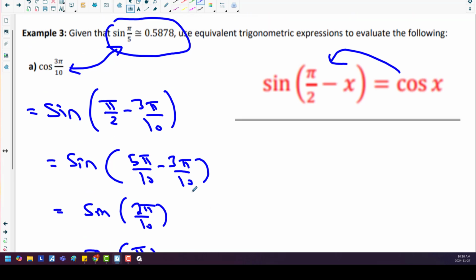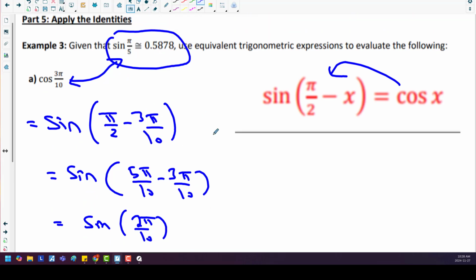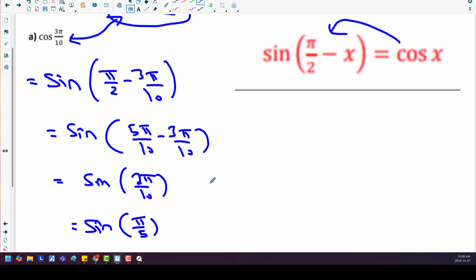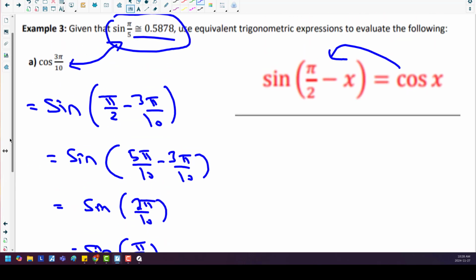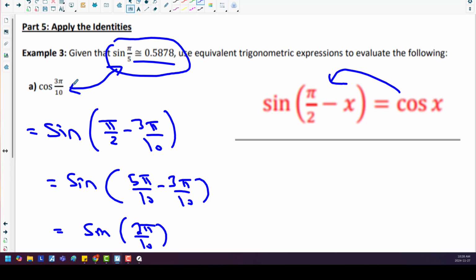We've basically rewritten it as this, so we know the answer is approximately 0.5878. So this is how we use our cofunction identities. Just label your x value, and whatever your x is, just plug it in, and then you can use it that way.